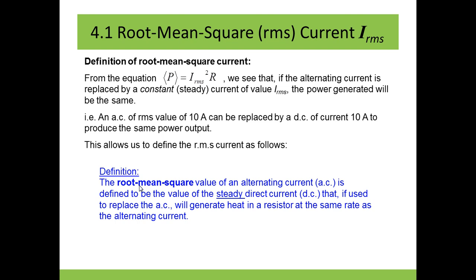The root mean square value of an AC is defined to be the value of the steady current that, if used to replace the AC, will generate heat in the resistor at the same rate as the alternating current. That means the DC, if you use it, will produce the same heat as the AC was producing before, at the same rate.